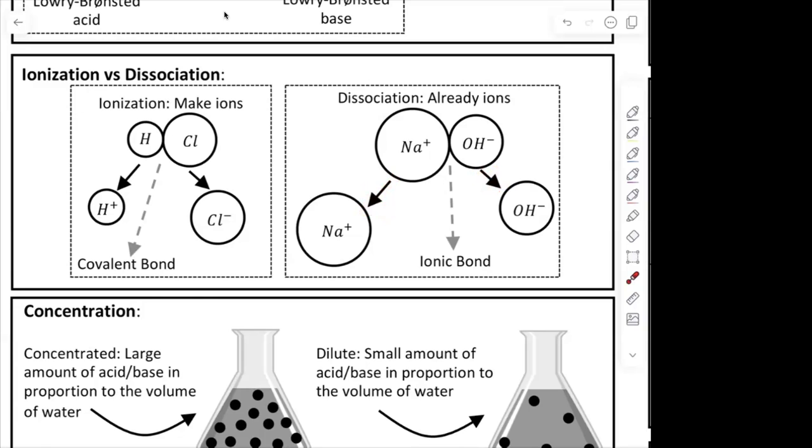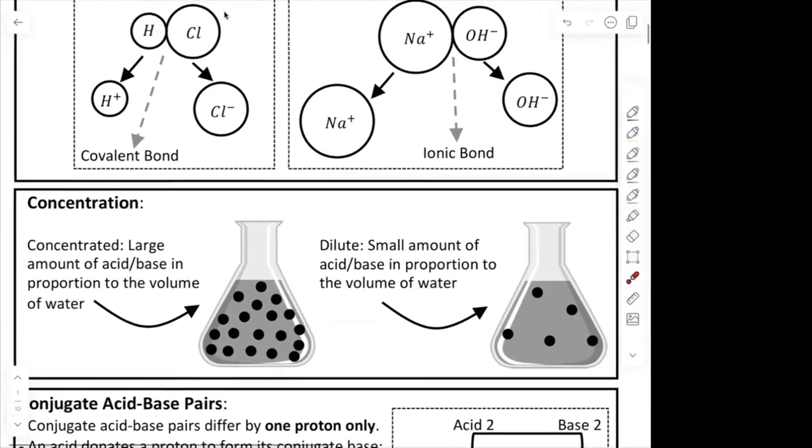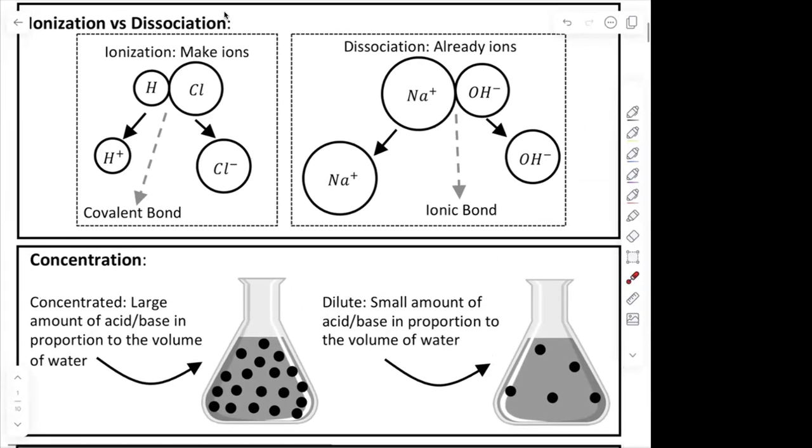Once we've got a clear understanding of that, let's look at the difference between concentration, and we'll touch on strength and weakness a little bit later. But let's look at concentration as well, right? With concentration, a concentrated acid or concentrated solution is one where there is a large amount of acid or base in proportion to the volume of water.